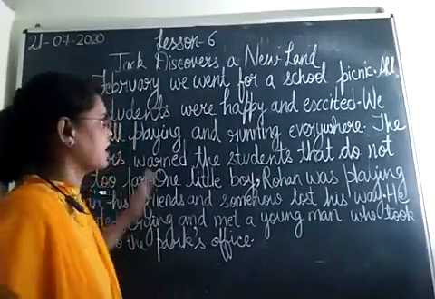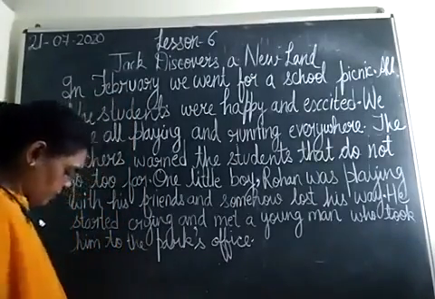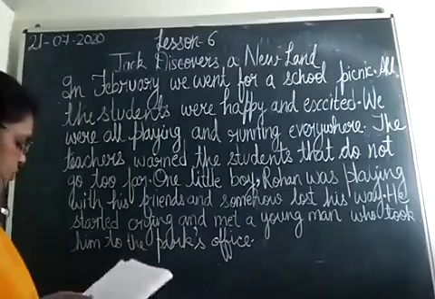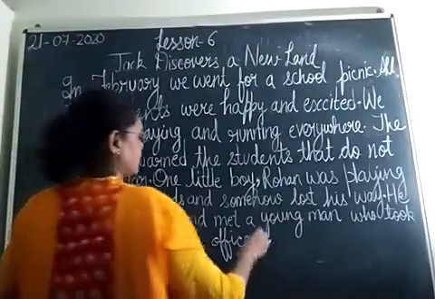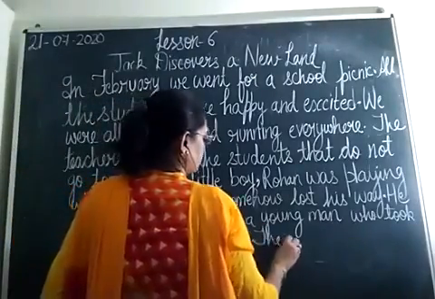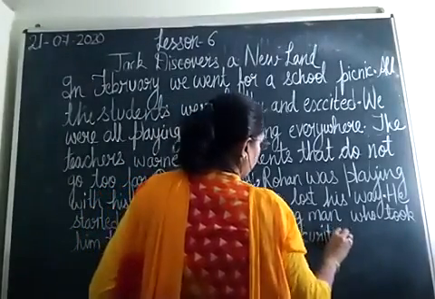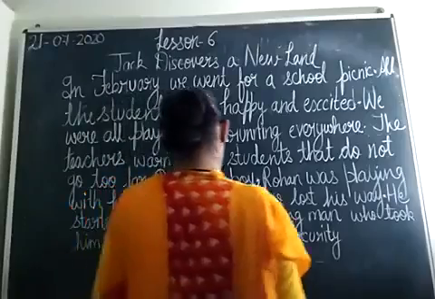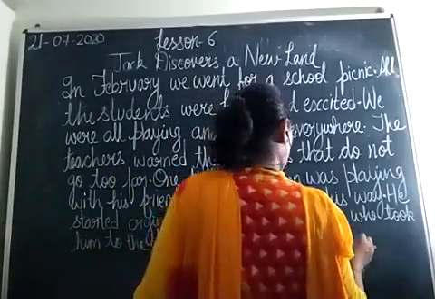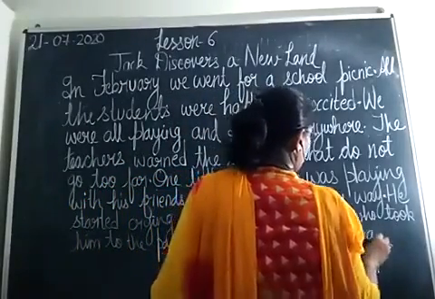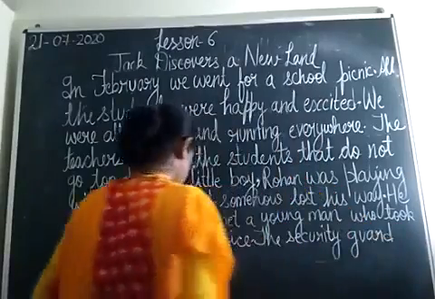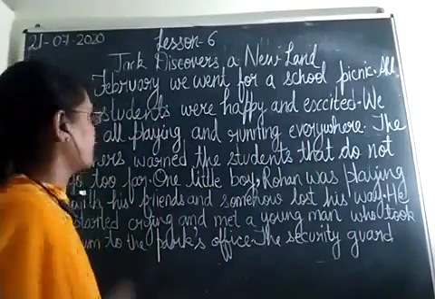Please write fast. Again, I am repeating. Who took him to the park's office. The security guard. Now, the next sentence I'll erase it. Right. So, again, I'm repeating.